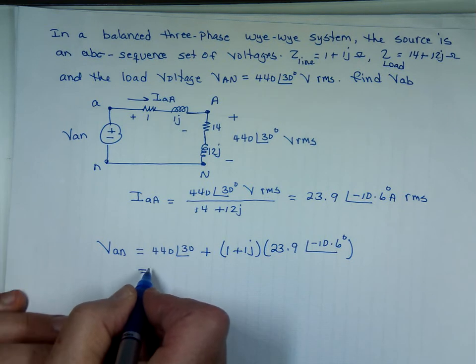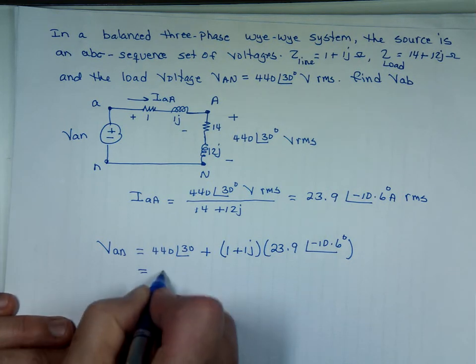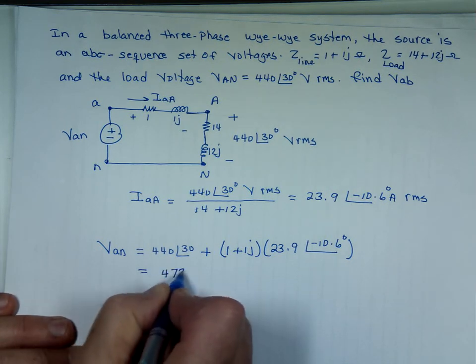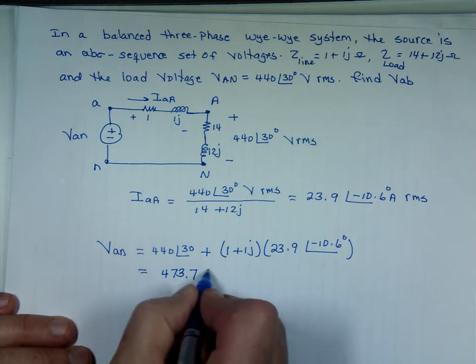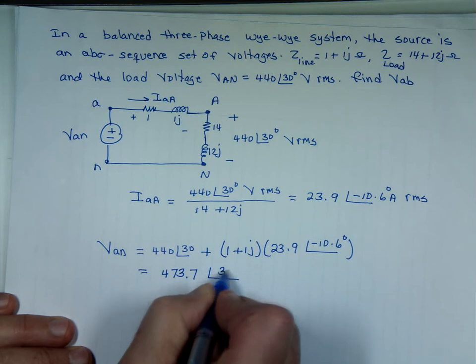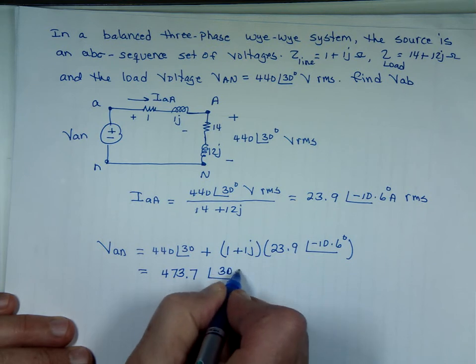And VAN, if you do the math, is 473.7 angle 30 point, was it 3 degrees?